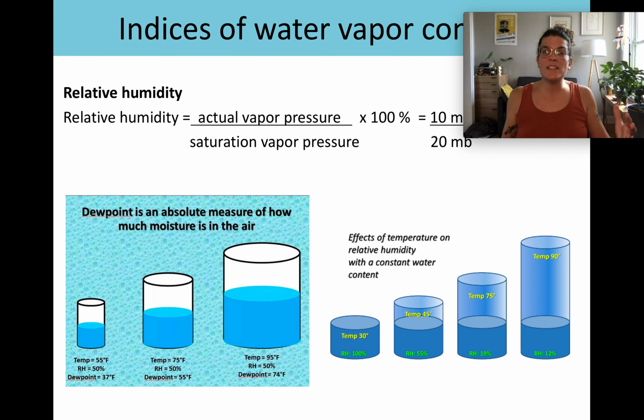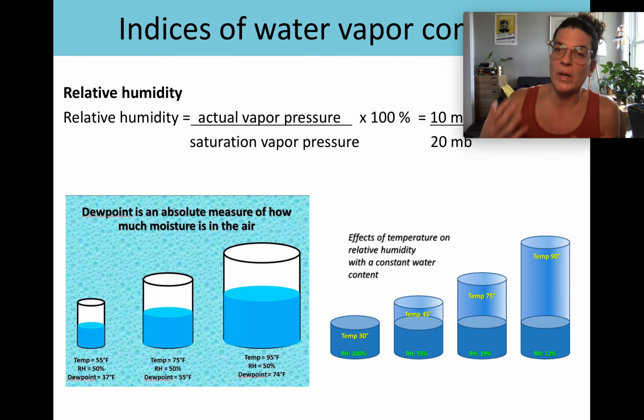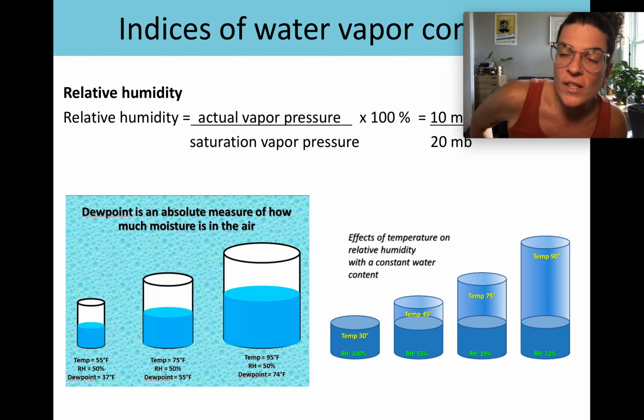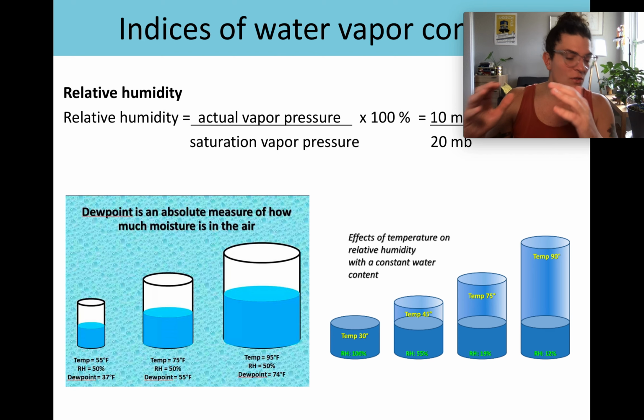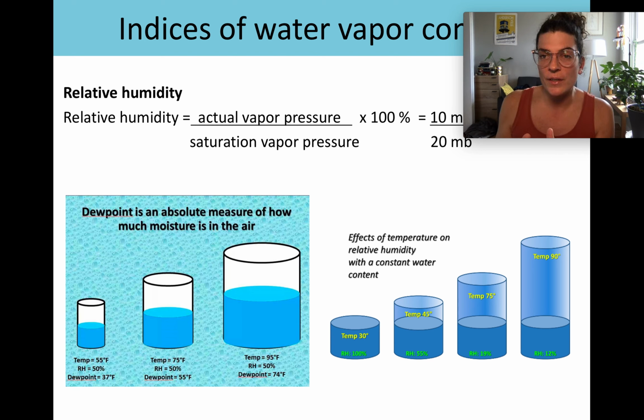So this is where the idea of dew point comes in. Dew point is the temperature at which, if a parcel of air is cooled down to that temperature, that parcel of air will achieve 100% relative humidity.